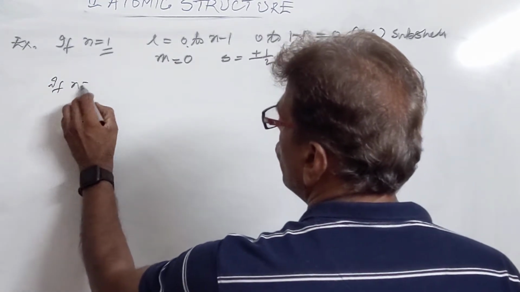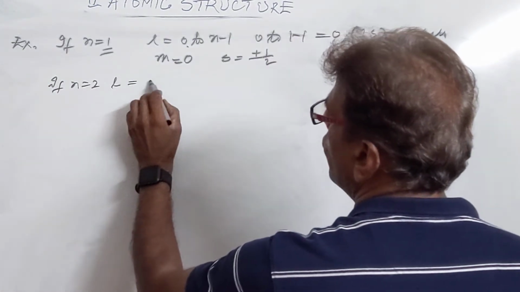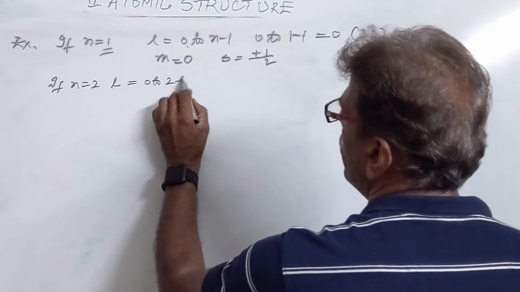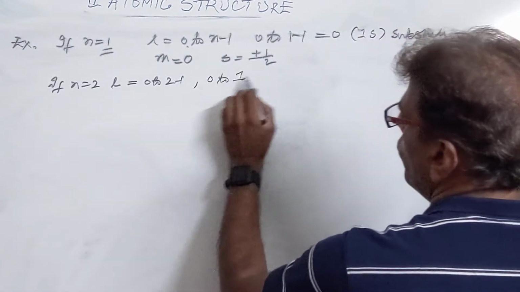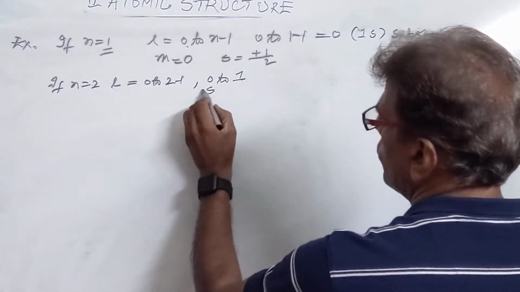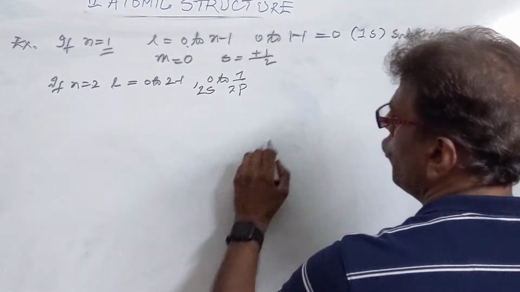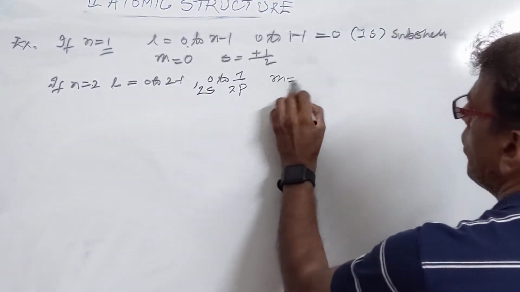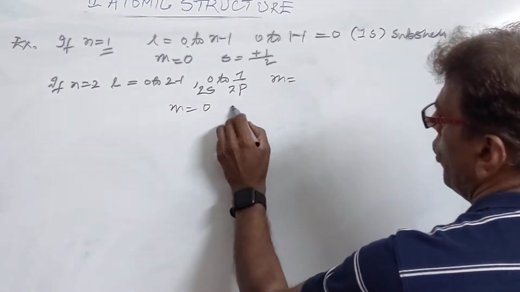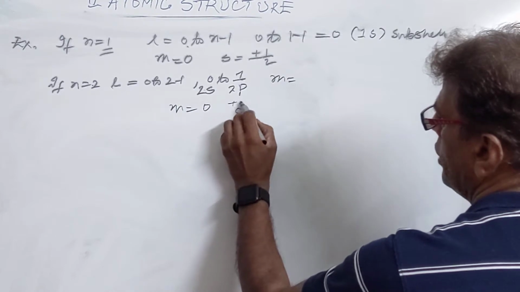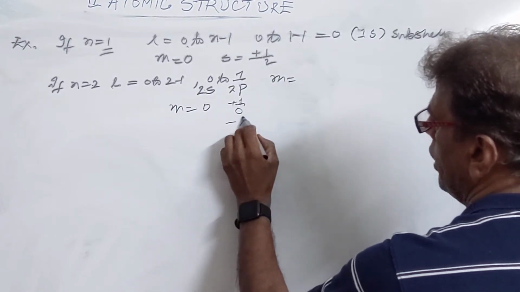If value of n is 2, then L will have two values, 0 to 2 minus 1, means 0 to 1. For 0 we have s subshell, that is 2s. For 1 we have 2p subshell. And magnetic quantum number for this subshell is 0, plus L means plus 1, minus L means minus 1.